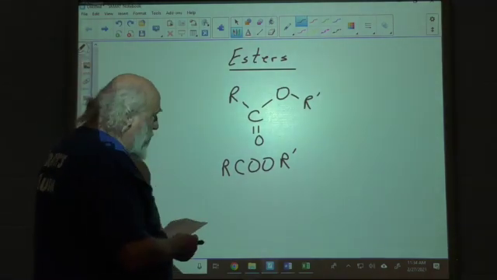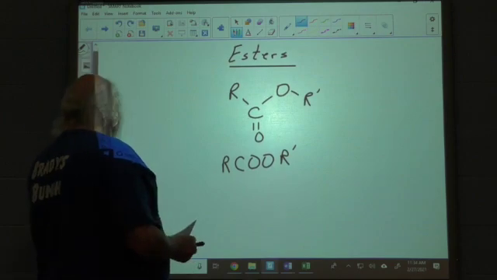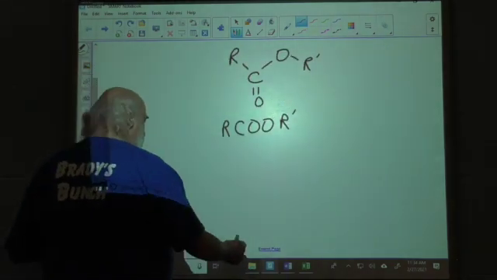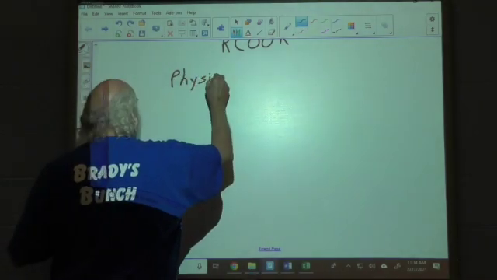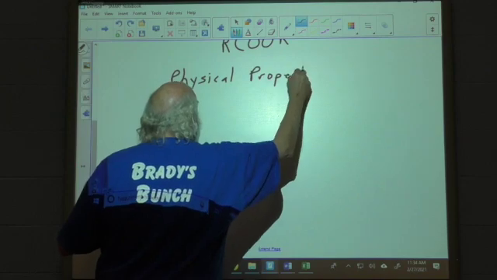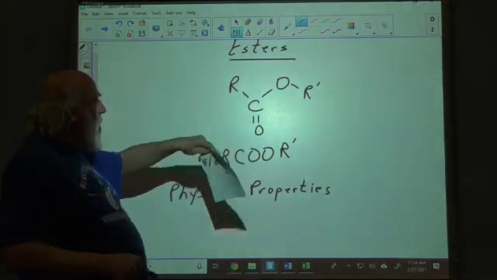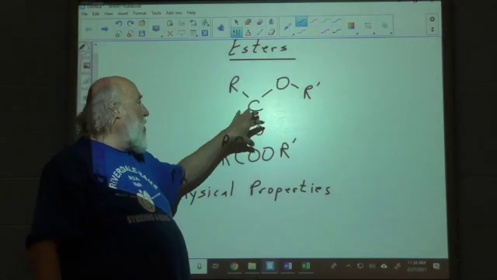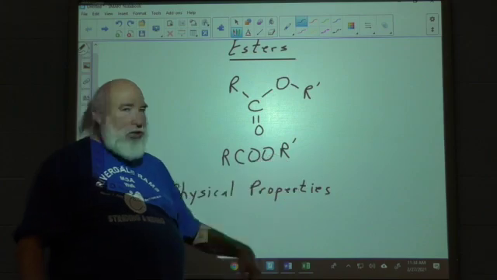Now, so let's talk about the physical properties for this. Take a close look at this structure right here. We have oxygens here and here, but we don't have a hydrogen bond to either one of those two oxygens.